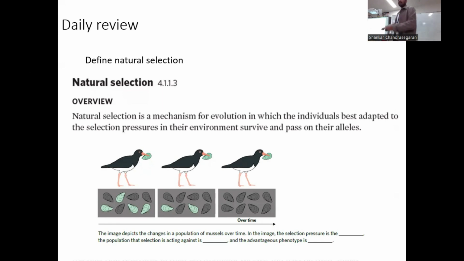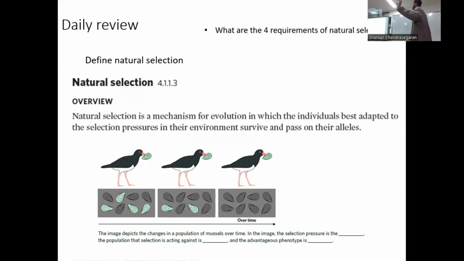The first one we looked at was mutations, and that's when a mutation randomly changes the genotype within a population to change the allele frequency. The second one is natural selection, where a selection pressure is acting on a population and selecting for an advantageous phenotype with a selective advantage, right?